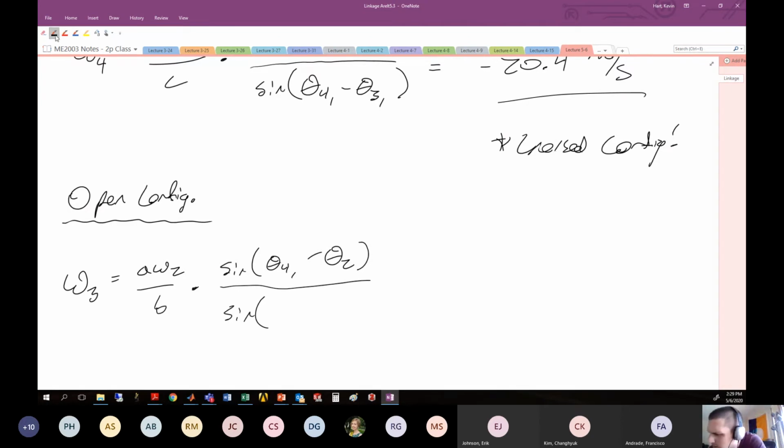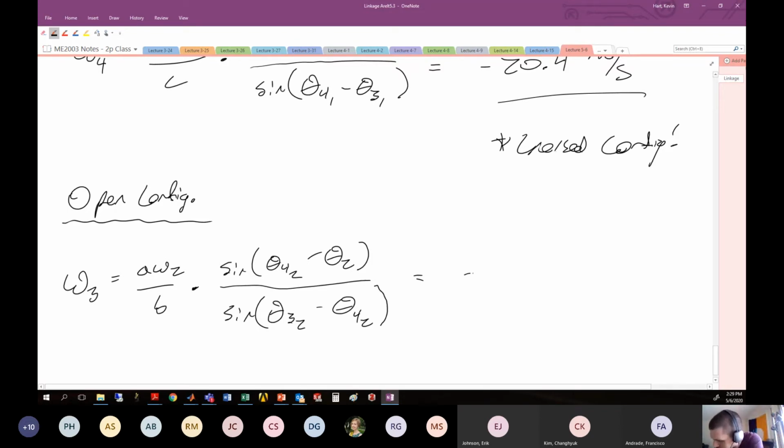Oh, not 1. We're doing the open configuration now, so we need theta 4,2. Sorry about that. Sine theta 3,2 minus theta 4,2. Similar idea, except we've now just used the coordinated angles theta 3,2 and theta 4,2.